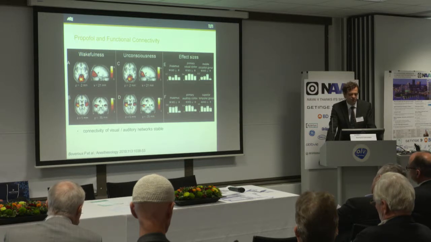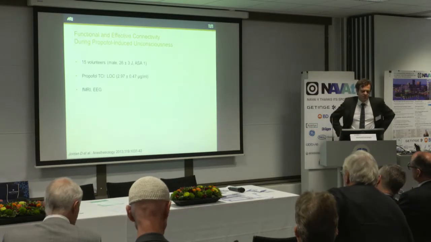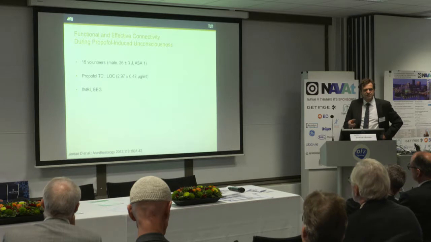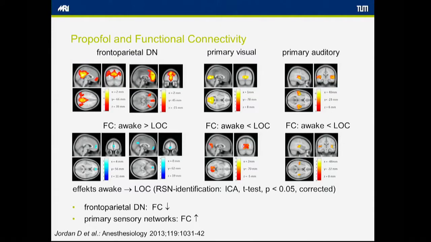Now, this has been shown in activation studies with fMRI. At about the same time, we performed a study in volunteers with Propofol TCI, a very similar concept. In addition to fMRI, we measured EEG, which means surface electrical activity, and we found comparable changes in default network activity, which is the integrating part of the network.